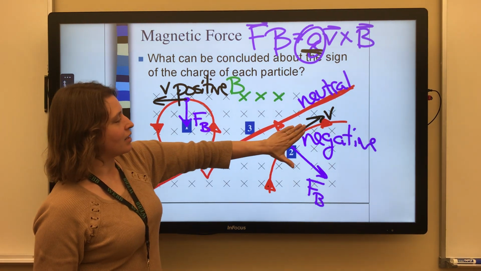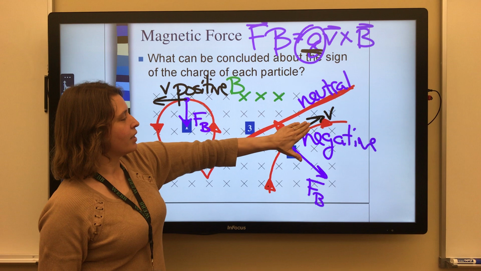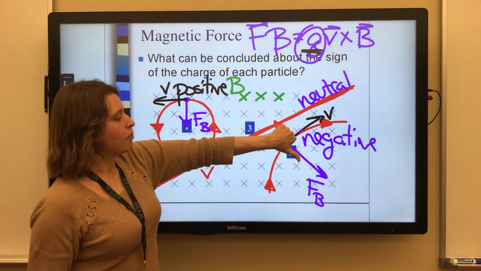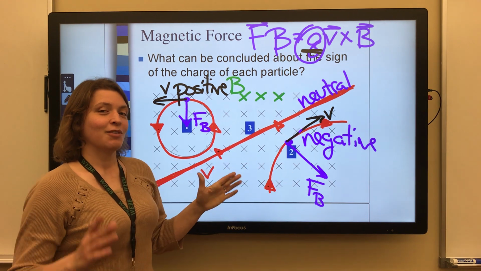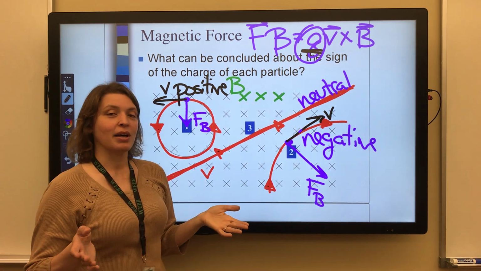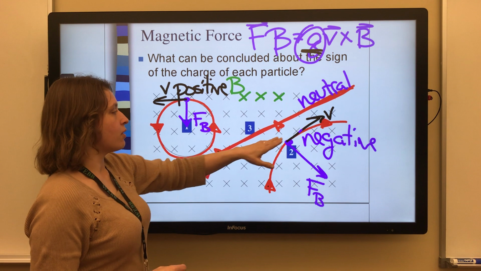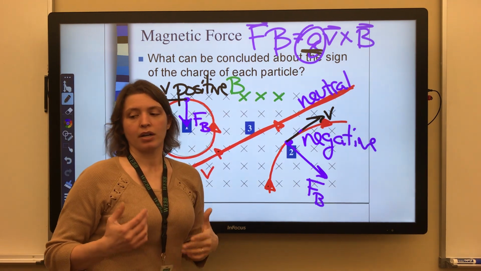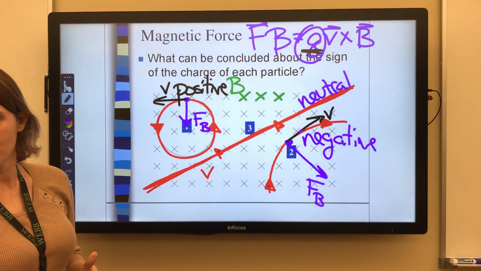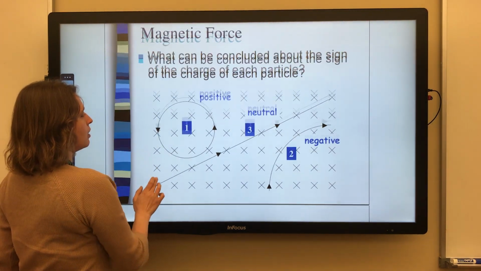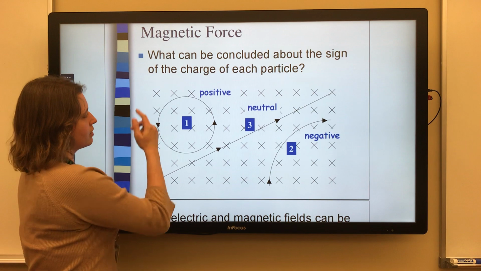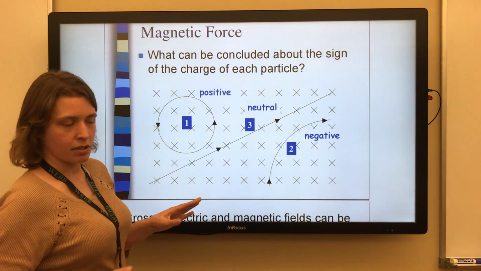So if I line up my fingertips with v, and I curl my fingertips towards B, my thumb gives the direction of the force on an electron. If you like doing it that way, you can. Doesn't matter to me. Just make sure that you figure out the directions based on our cross product correctly. Yeah, positive, neutral, negative, just like we determined.